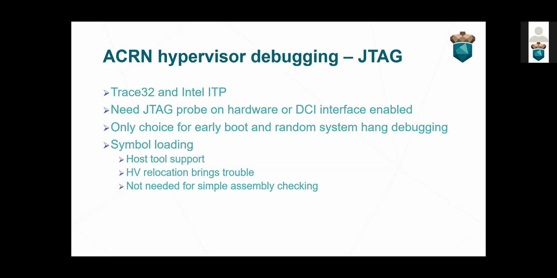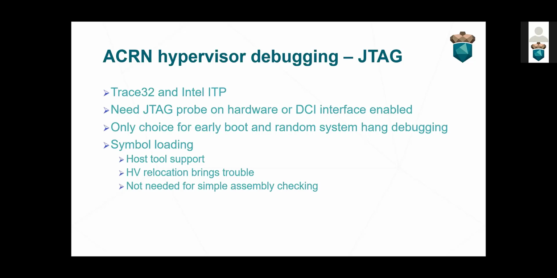If you use the JTAG tool, there's something you need to take care of. One thing is symbol loading. Sometimes if you want to do source level debugging, you need the symbols loaded by your software. It depends on whether Trace32 or the Intel ITP connector is used.